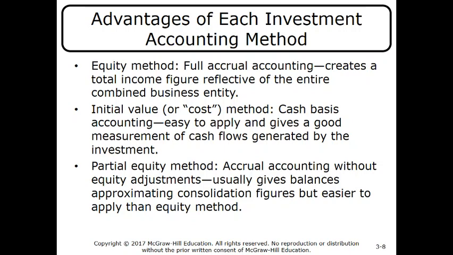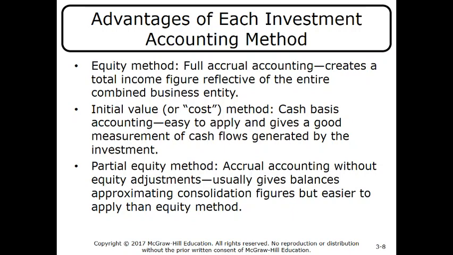And of course, the offsetting credit is equity in subsidiary. Now, dividends create a reduction in the investment in the subsidiary, and then you have your excess amortization that reduces the investment account as well. So, full accrual accounting is the equity method, and we'll be looking at that one mainly, but let's talk about the other two just briefly.